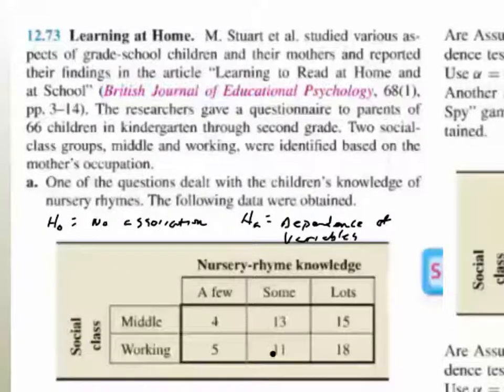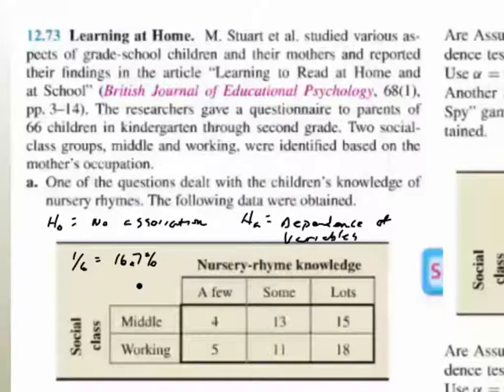How many possibilities do we have? 6. So what is 1/6? That needs to be less than 20%. What is 1/6? 16.7%. So are the assumptions met? Yes, because less than 20% of them are less than 5. One of them is less than 5, that's 16.7%. So we're good, the test should be reliable.